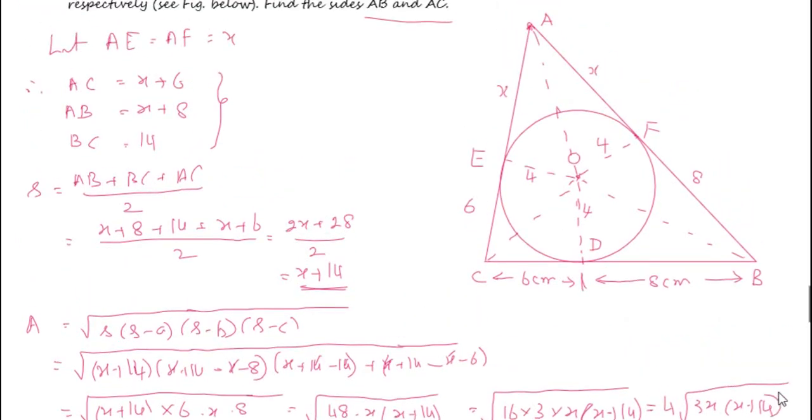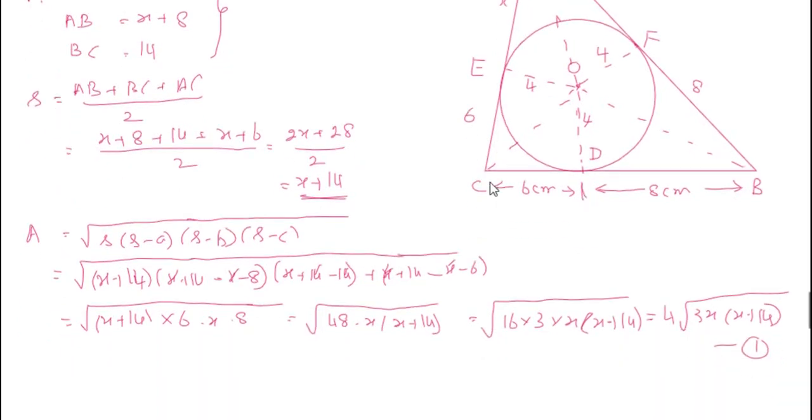Now we can separately calculate the area of the three triangles, that is AOC, COB and BOA. We know the bases, we know the heights. So half into base into height.